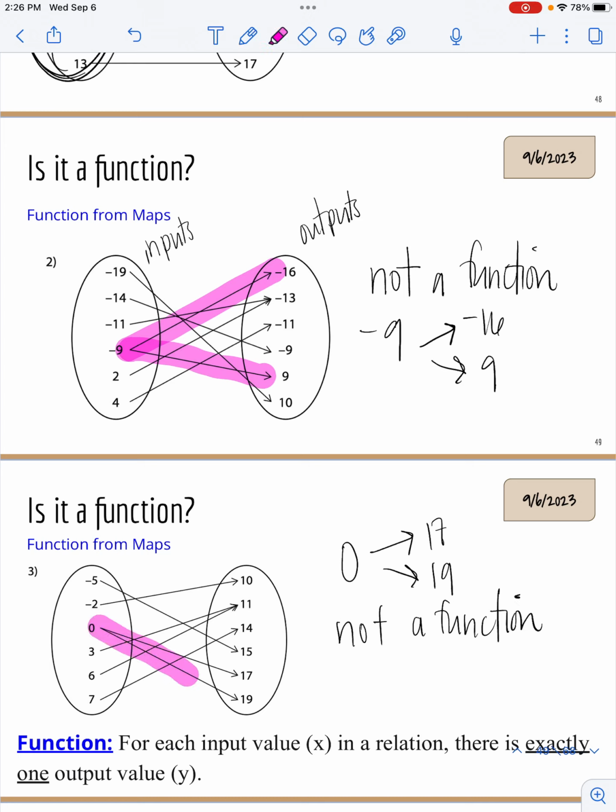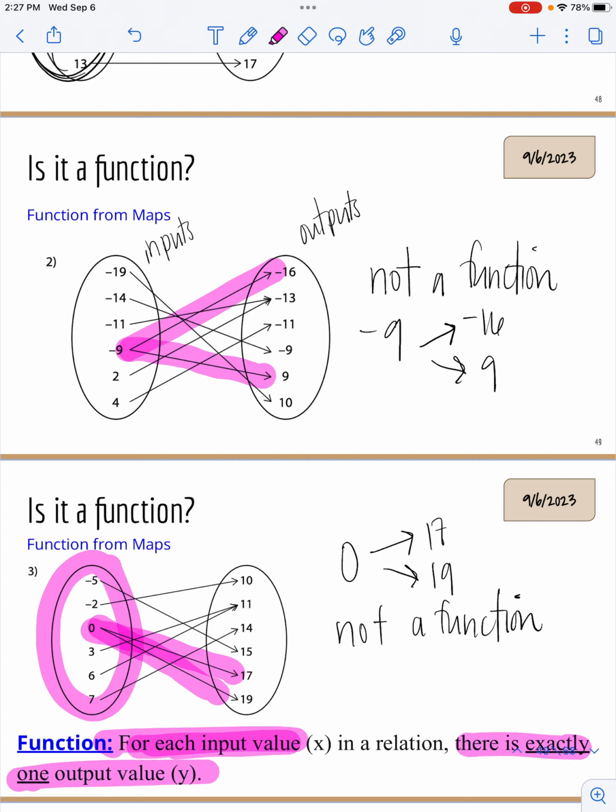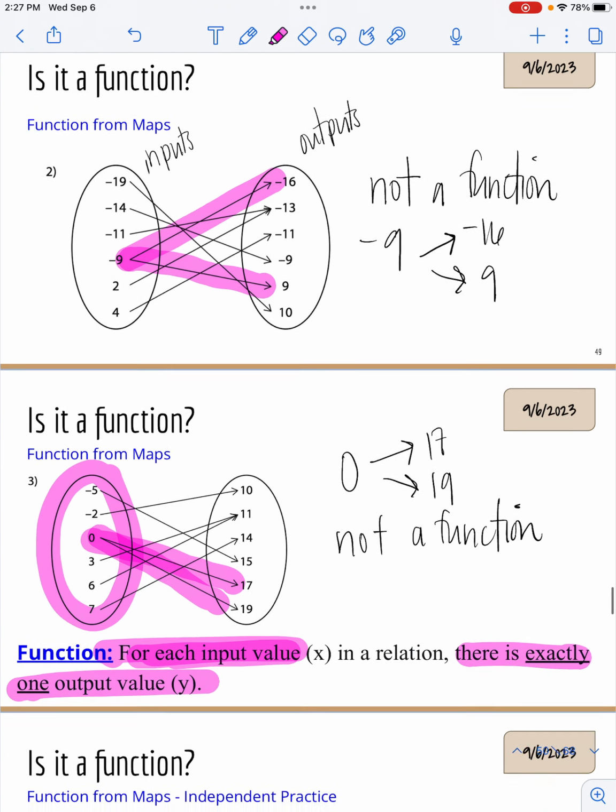And let me highlight that here in our notes. So again, remember, for each input, and our inputs are right here, there is exactly one output. And when that does not happen, then it's not a function, like this example here.